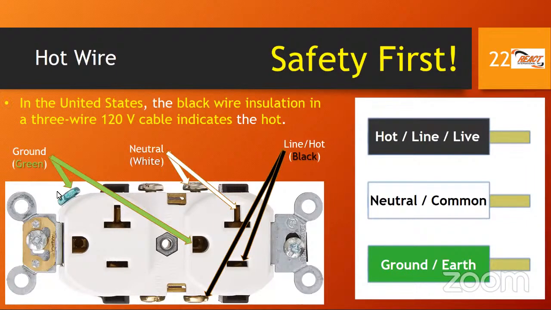If you have a green wire, that goes to the ground screw on the receptacle outlet. If you have a white wire, that goes to the neutral screw on the receptacle outlet. That's on the inside. And if it's a black wire, then that goes to the live or the hot screw.